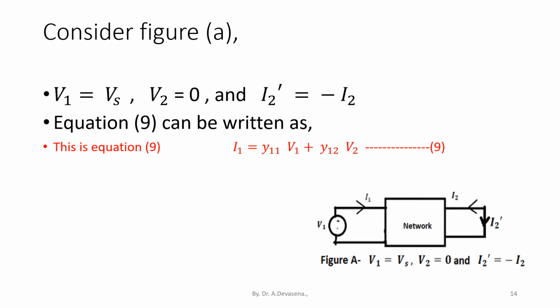In this equation, we are going to substitute V1 is equal to Vs, V2 is equal to 0 and I2 is equal to minus I2'. So we get I1 is equal to Y11 Vs. This is considered to be equation 11.